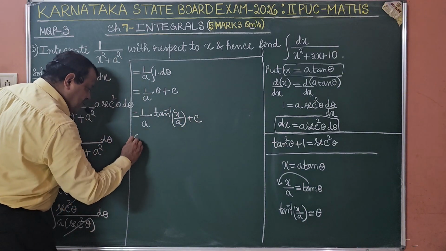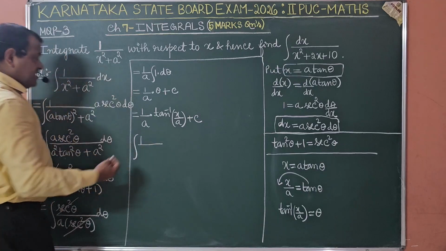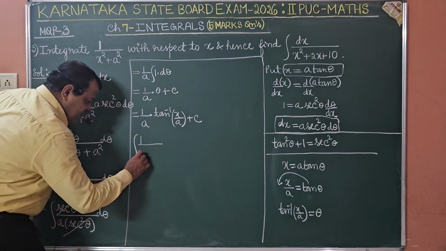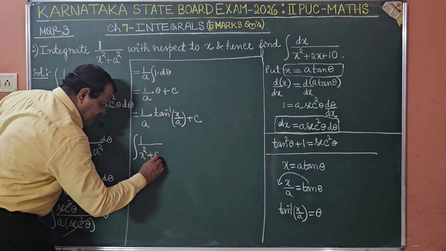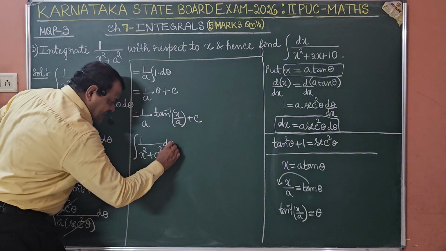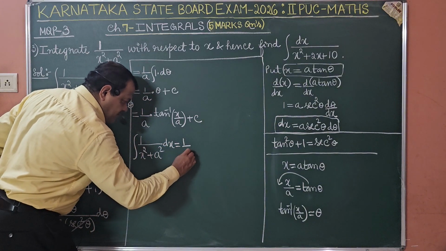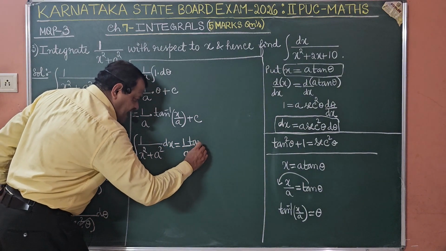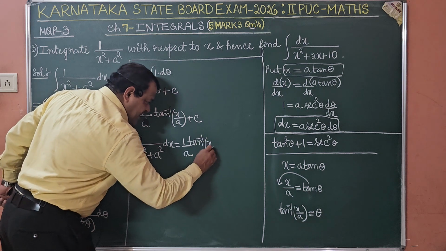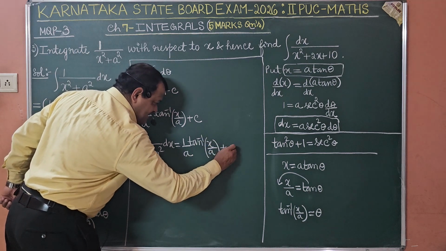In other words, we got the formula: integration of 1 by x square plus a square dx is equal to 1 by a into tan inverse of x by a plus c.